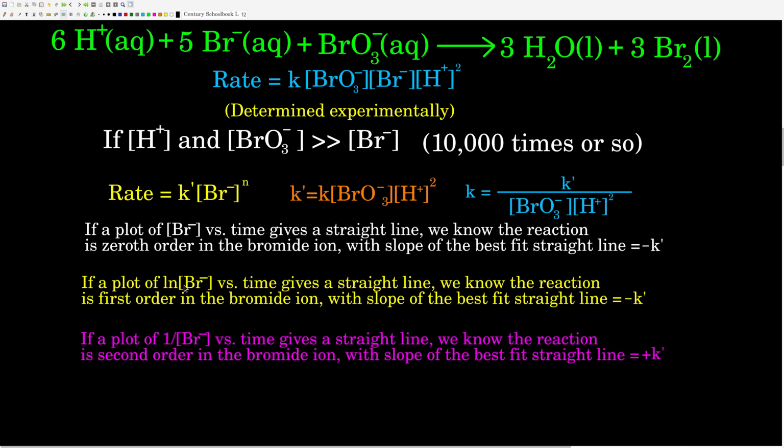Similarly, if a plot of natural log of the bromide versus time gives a straight line, it's 1st order in that reactant, bromide here, and the slope is negative K prime of that graph. Likewise, if a plot of 1 over the concentration of bromide versus time gives us a straight line, we know it's 2nd order in the bromide ion. The slope of the best fit straight line is positive K prime.